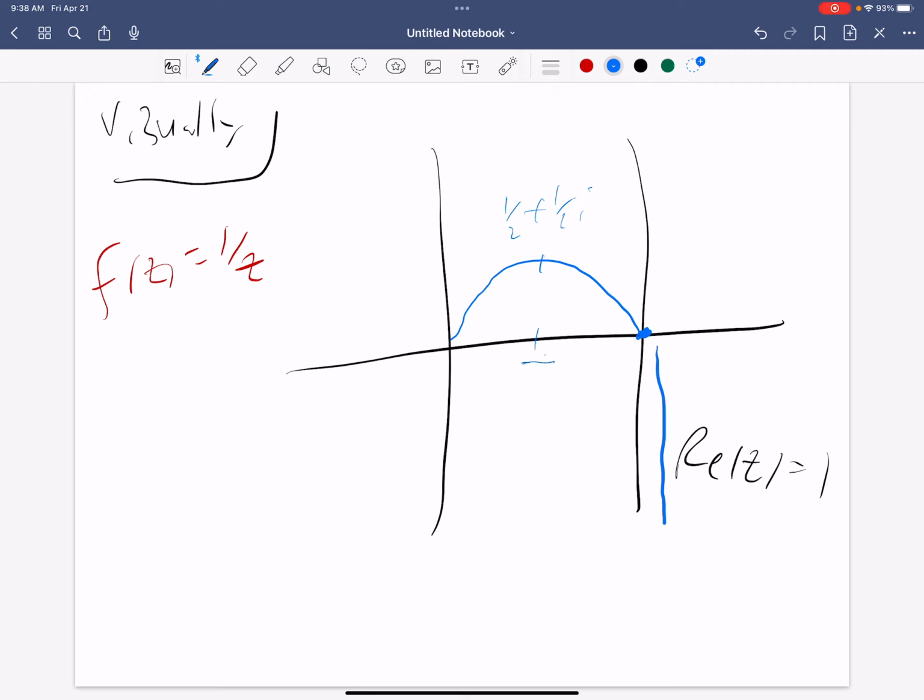Okay, this part down here is going to go like that, and we know that over here we'll have the 1/2 minus 1/2 i. Right, so we've got a circle centered at 1/2 with radius 1/2, but with a big little problem right there.